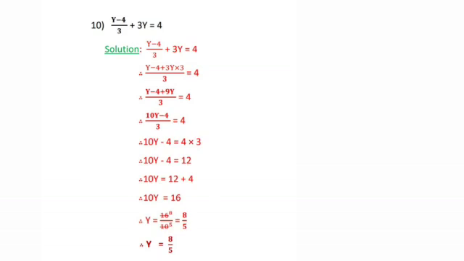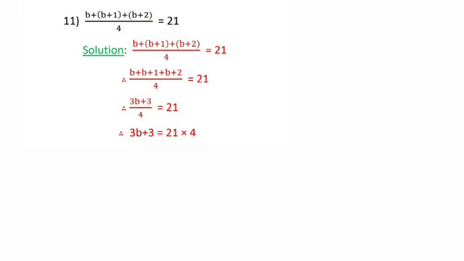So 10y is equal to 12 plus 4. 10y is equal to 16. Now this 10 when it goes to right hand side, division. Correct. So y is equal to 16 upon 10. So after cancellation you get the value of y as 8 upon 5. Therefore y is equal to 8 upon 5.